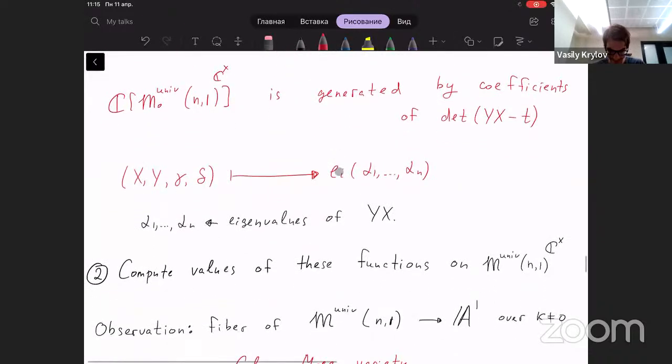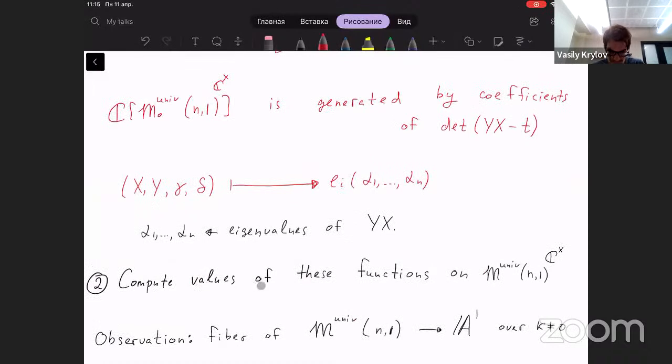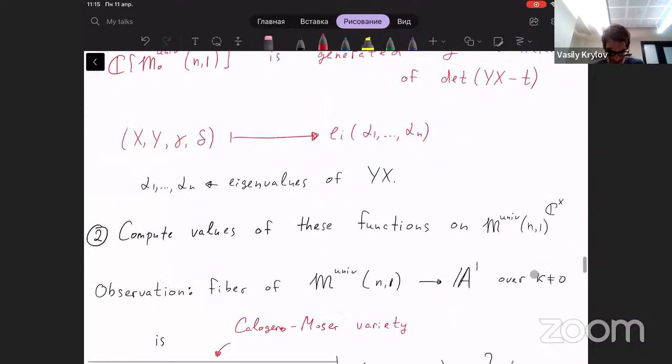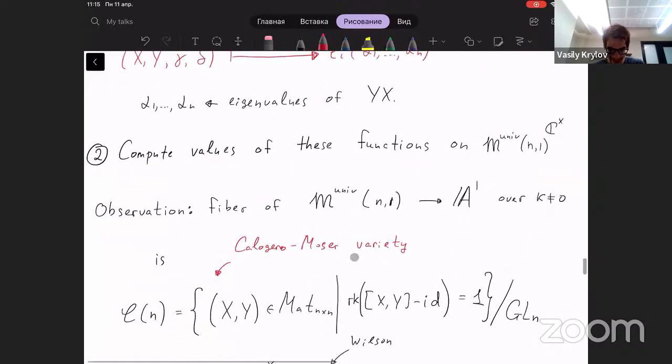And then, in order to complete the proof, we need to compute the values of these very particular functions on the fixed points of our family. And let me explain how this computation works. So basically, the observation here is the following.